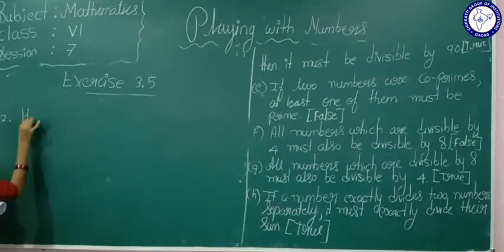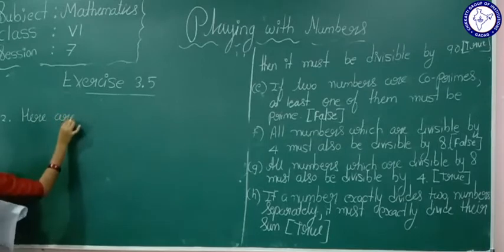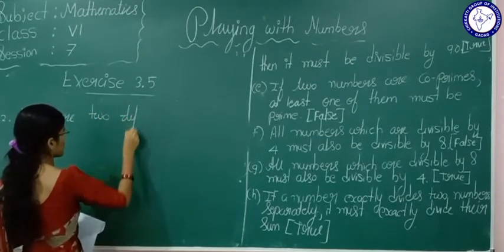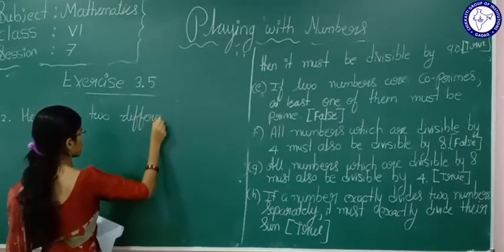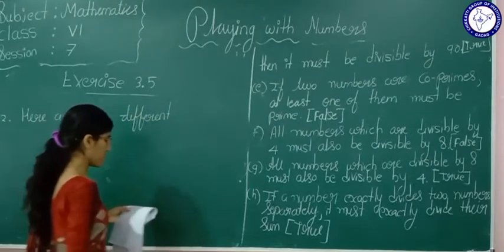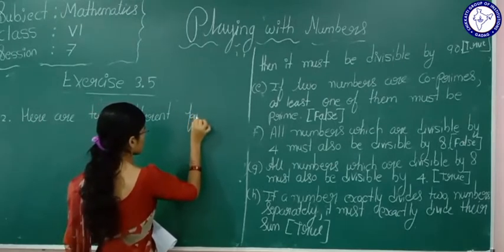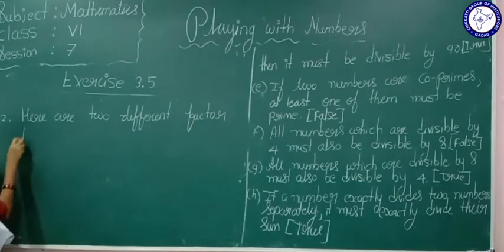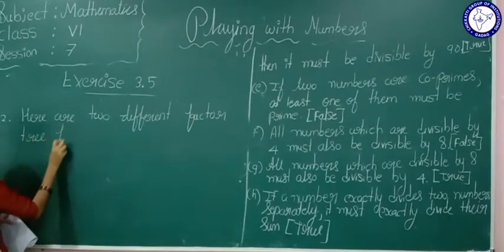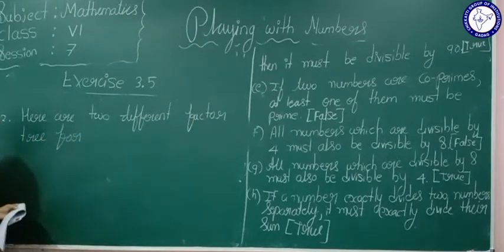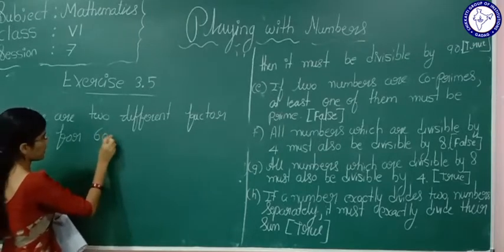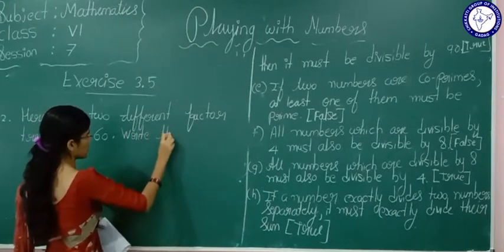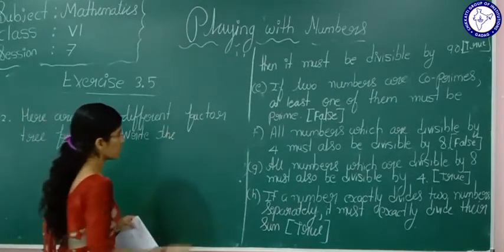Here are two different factor trees for 60. Write the missing numbers.